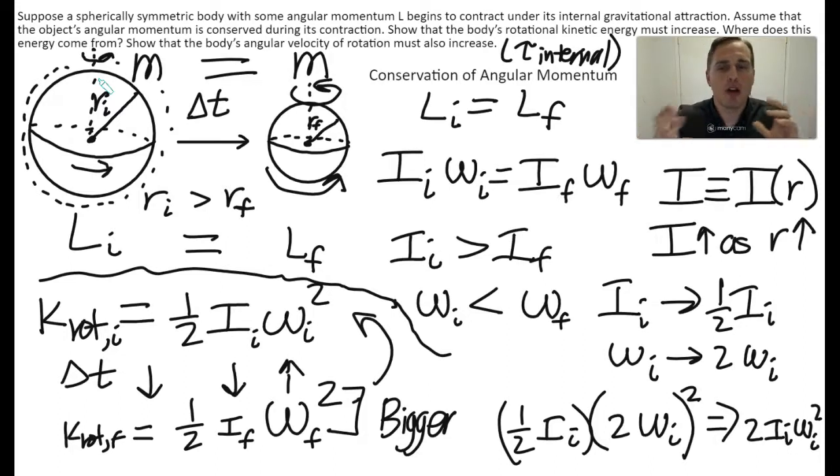And by the work rotational kinetic energy theorem, as the angular velocity increases, the rotational kinetic energy increases. So another way to think about this is that there's a positive internal torque, and we should have an increase in the angular velocity. So there's a slow sort of increase of the angular velocity. So that's an angular acceleration.